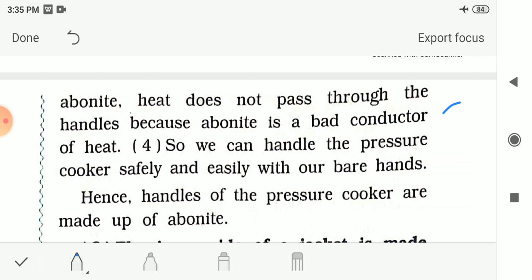So the handle of the pressure cooker should be made of a material which is a bad conductor of heat, or an insulator of heat. Ebonite is one of them. So we use ebonite to make the handles, and with this kind of handles we can handle the pressure cooker easily with our bare hands. This is why the pressure cooker's handles are made of ebonite.